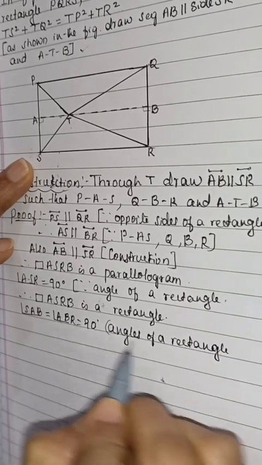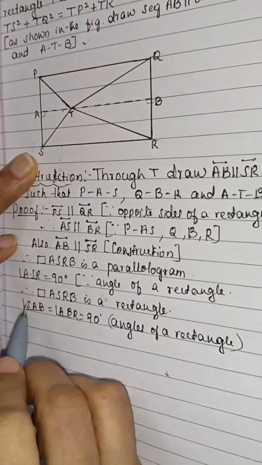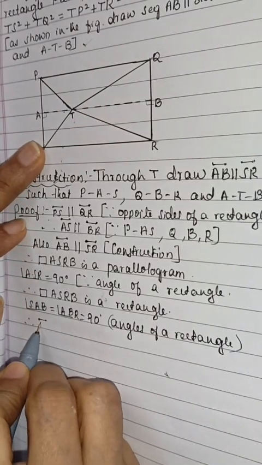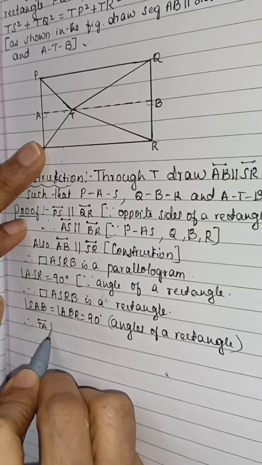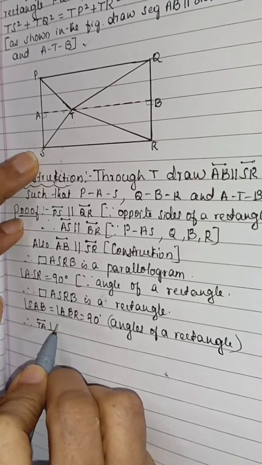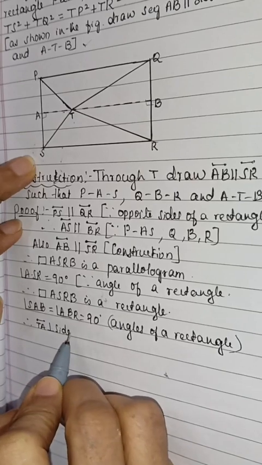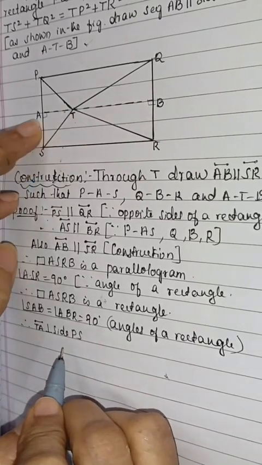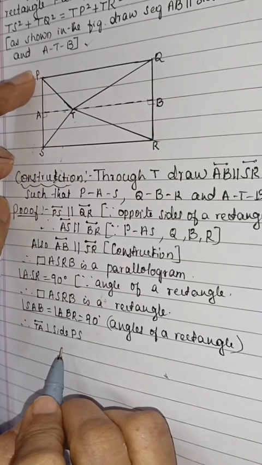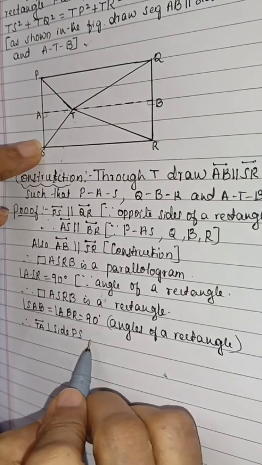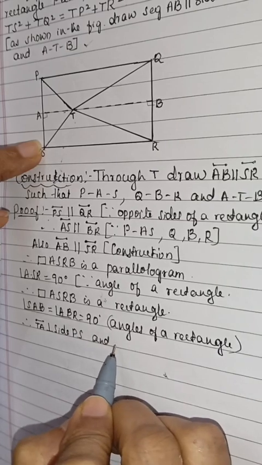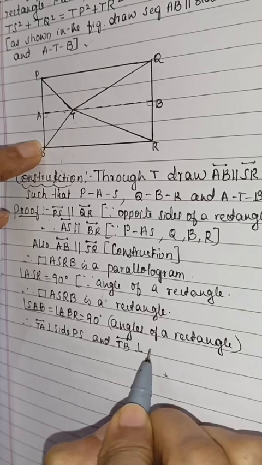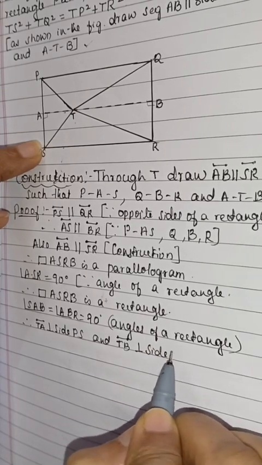Therefore segment TA is perpendicular to side PS, and segment TB is perpendicular to side QR.